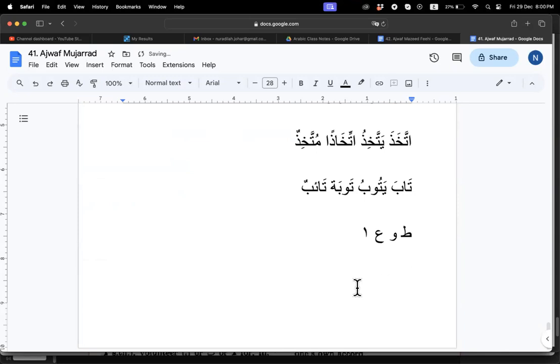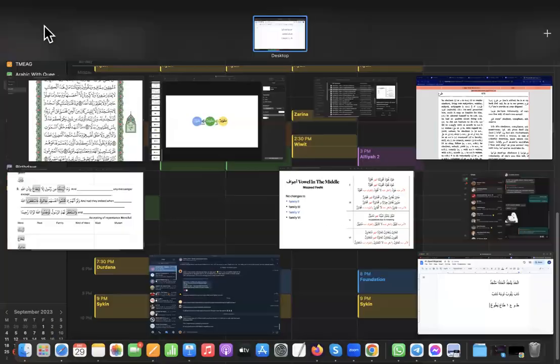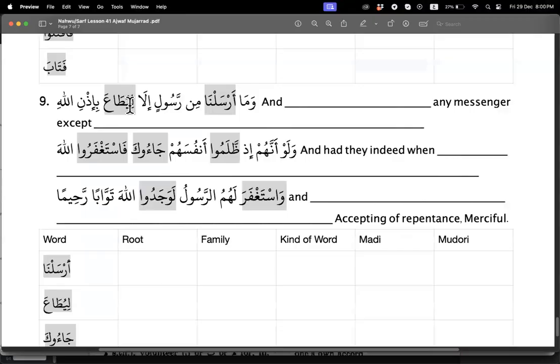So if this is family one, what would be the madi? Ta'a, and the mudhari yatu'u. And then this one is dhamma and fathah, so this is actually majhul.